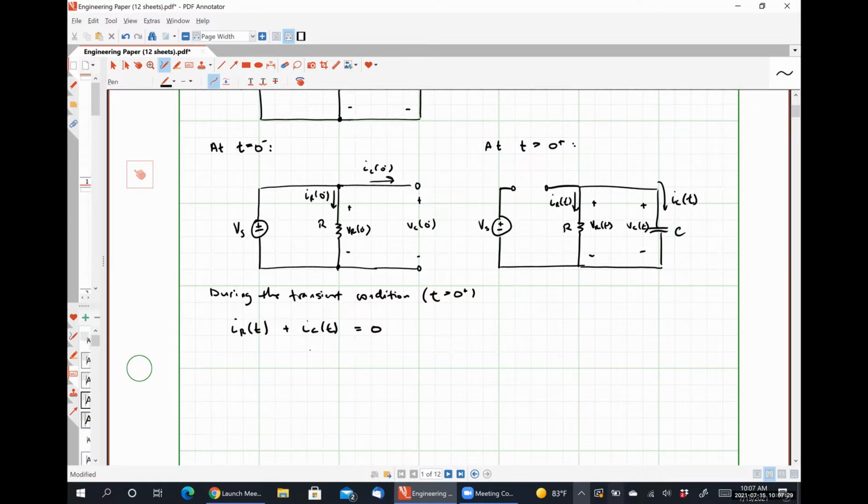So using Ohm's law, we're going to have 1 over R times VC of t plus C dVC by dt is equal to 0. And we again have a homogeneous first order linear differential equation.